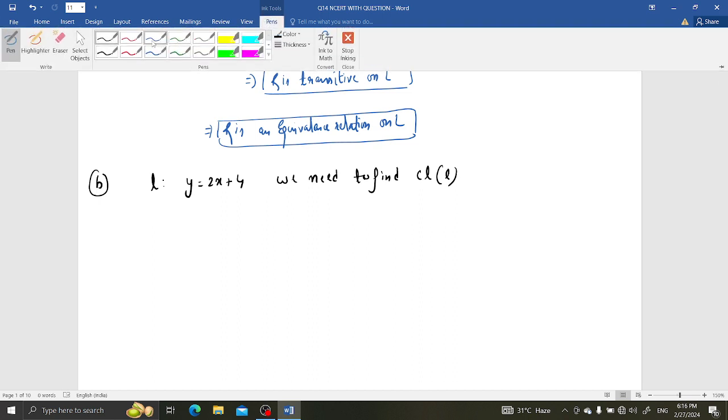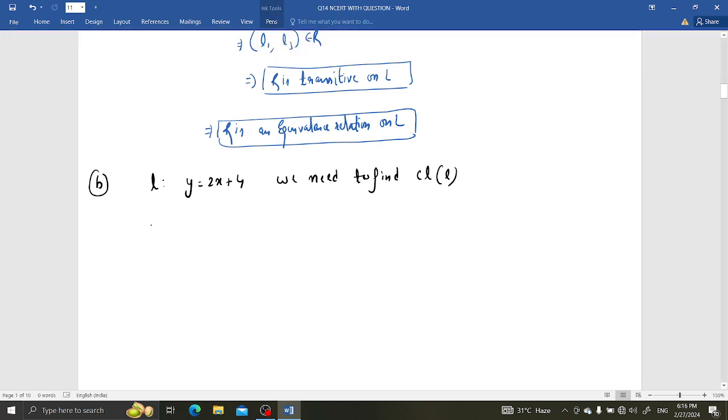Now class of L means, I will assume it is L1. Okay, for simplicity, you can assume L1. So it is the collection of all those lines L belonging to capital L such that L is parallel with L1.